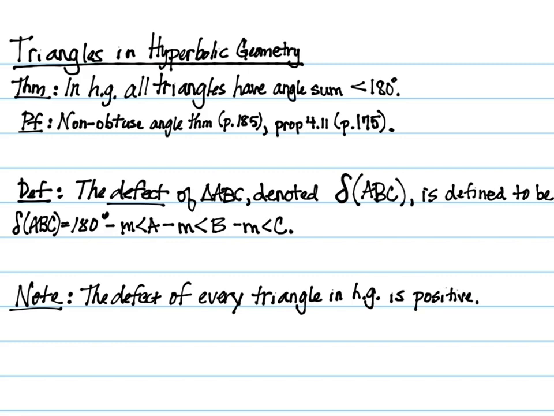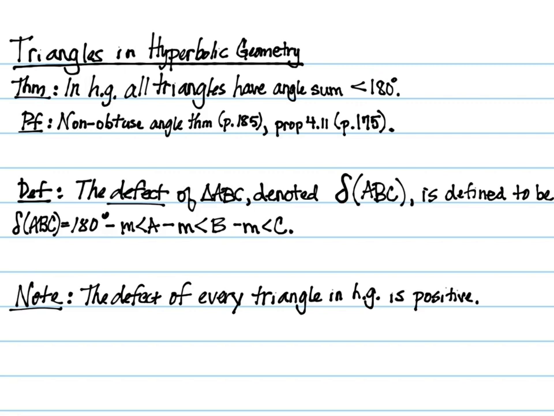Why? This sum is always less than 180, right? That's exactly what the theorem said. The sum's less than 180, and we're taking something smaller than 180 away from 180. Yeah.